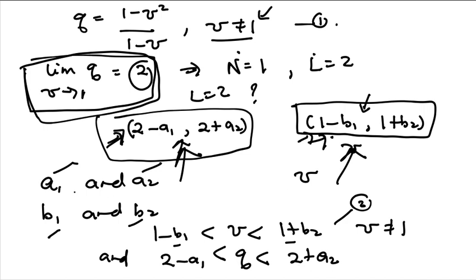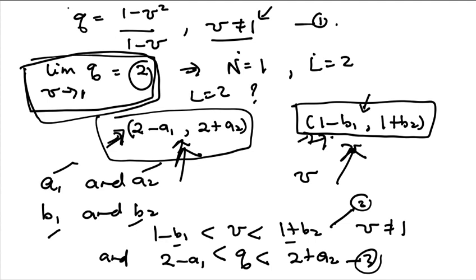Okay, so we must find numbers A1, A2, B1, B2 such that expression 2 here and expression 3 here are satisfied. To find the values of B1 and also B2, what we need to do here is, let's say we rewrite equation 3 by substituting equation 1 into 3.